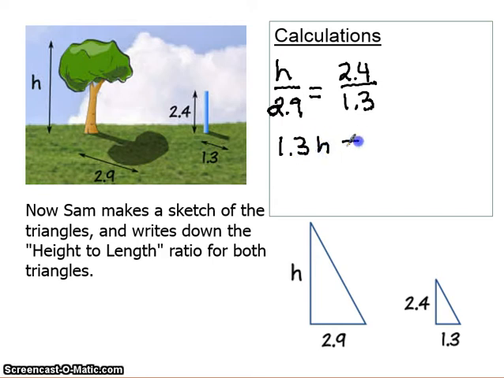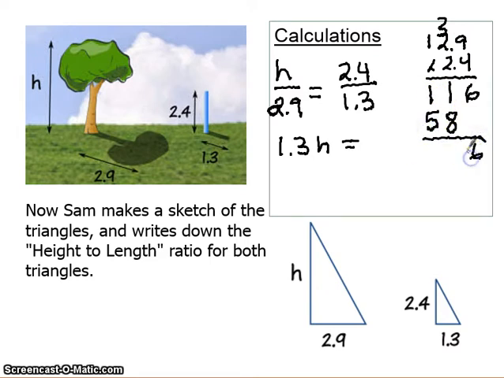1.3 times h equals 2.9 times 2.4. 9 times 4 is 36. 2 times 4 is 8, plus 3 is 11. 2 times 9 is 18, carry the 1. 2 times 2 is 4, plus 1 is 5. 6 plus 0 is 6. 1 plus 8 is 9. 1 plus 5 is 6.